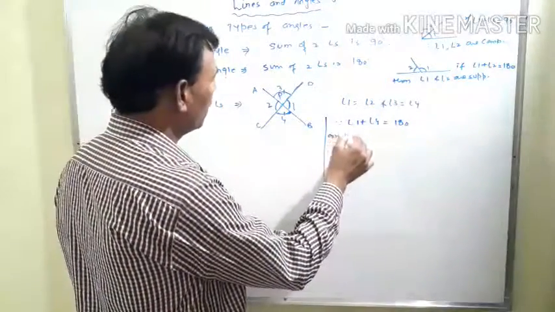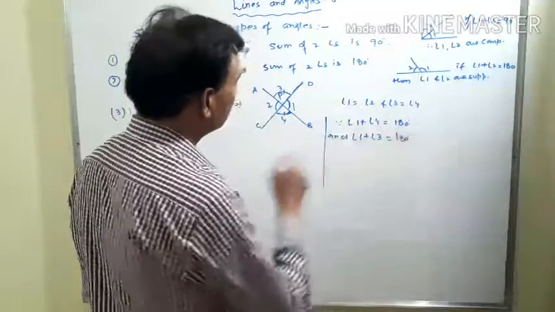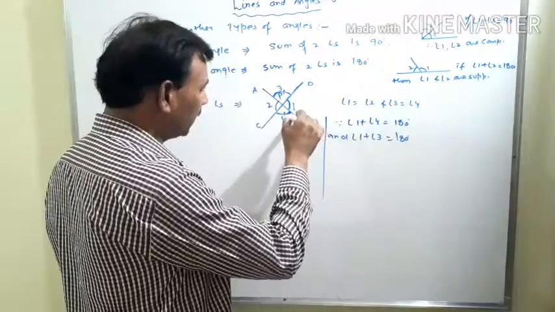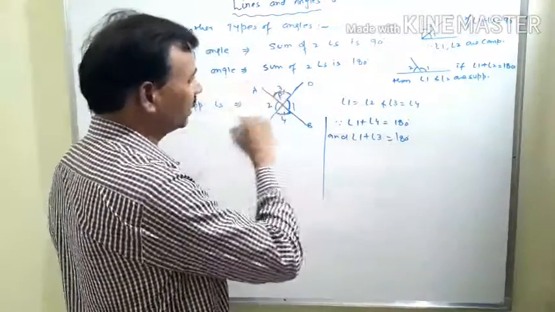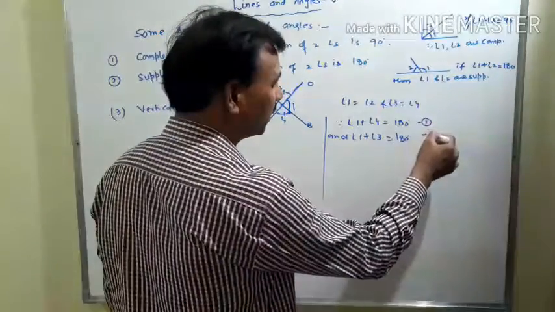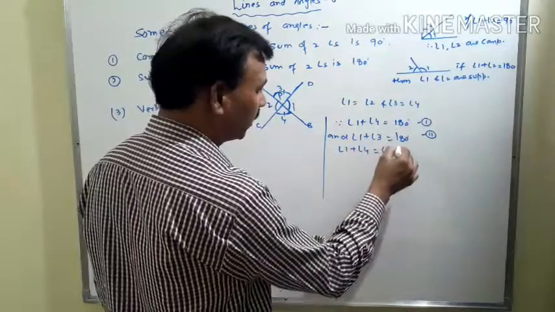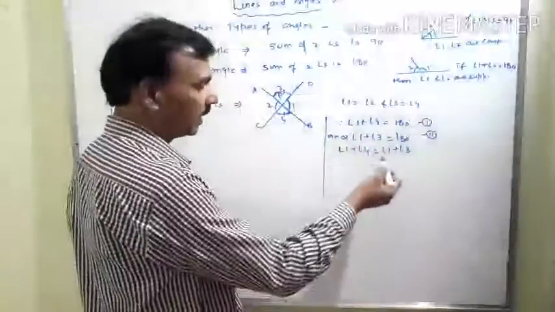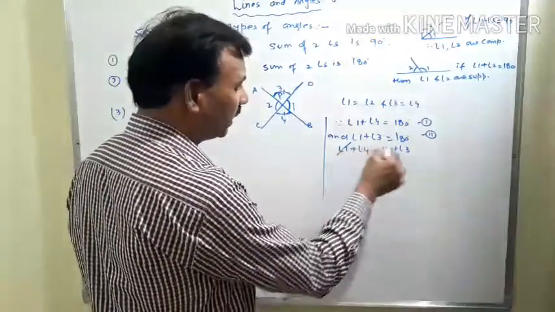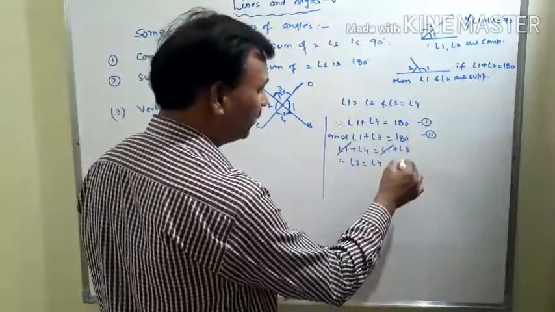And angle 1 plus angle 3 is also 180 degrees because angle 1 plus angle 3 make a straight line, this BPA, so the whole angle will be 180 degrees. Since from both equations angle 1 plus angle 4 equals angle 1 plus angle 3, we can write, because the RHS of both equations are the same, angle 1 and angle 1 will be cancelled, therefore angle 3 equals angle 4.